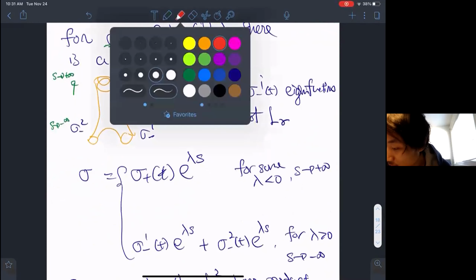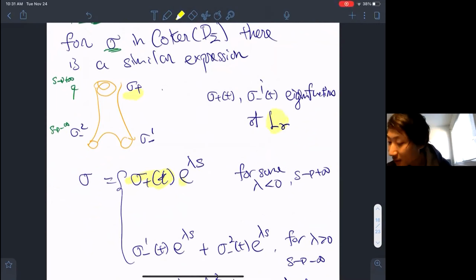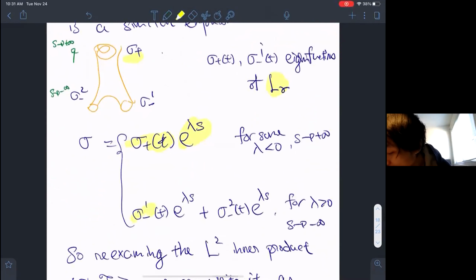For sigma plus, it's essentially the same form. It's some eigenfunction of the asymptotic operator times some kind of exponential decay. And over the negative end, it's the same thing. It's two eigenfunctions times some exponential decay plus some error terms that are too small for us to worry about.